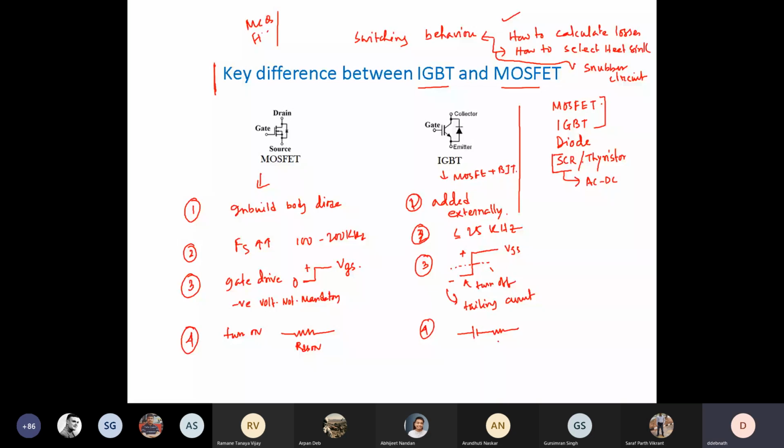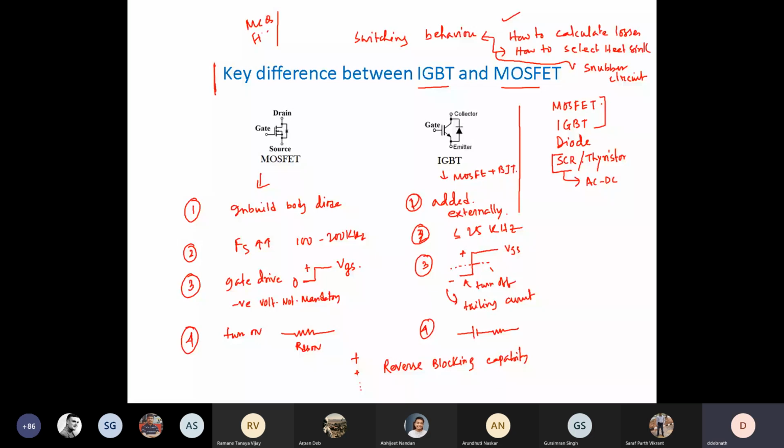What is their reverse blocking capability? As you can understand, if a diode is already there inbuilt in MOSFET, it cannot have any reverse blocking. But IGBT, some will come without the body diode, right? So then it can block a little bit of negative voltage.